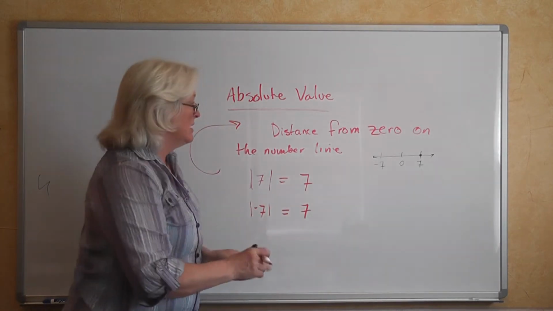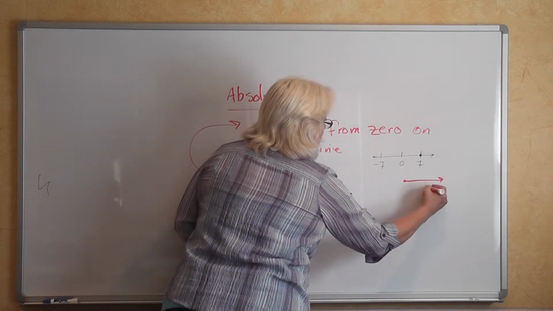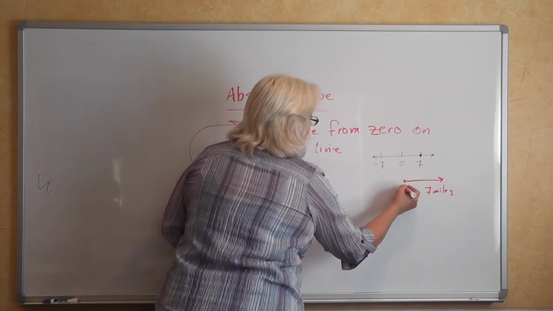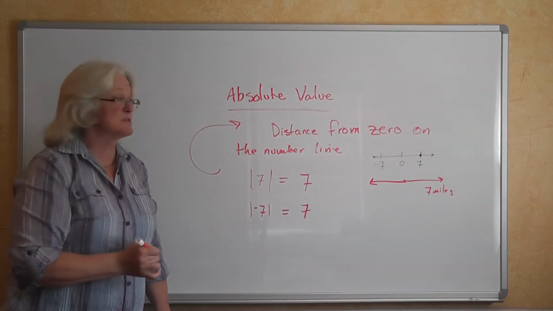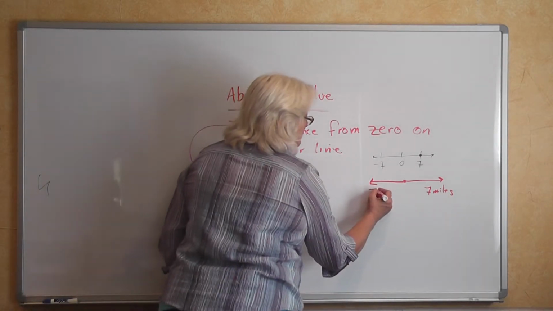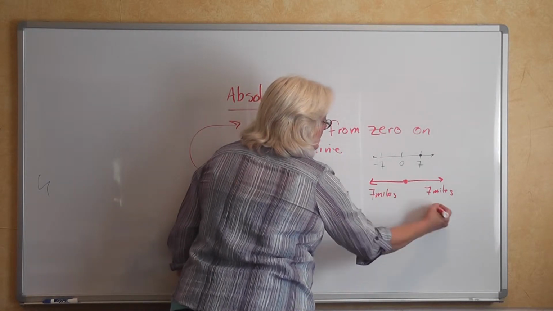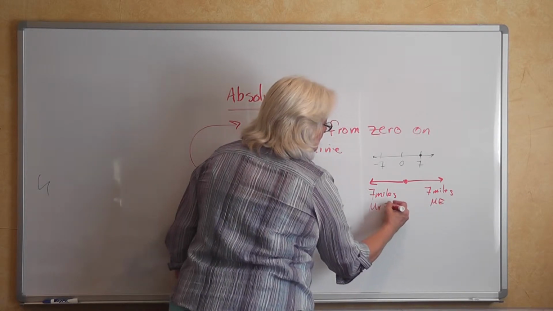Let's say that I start here and I drive east for 7 miles. And then I come back home, or actually, let's say my husband drives west for 7 miles. Now this is me, this is Mr. Jerry.